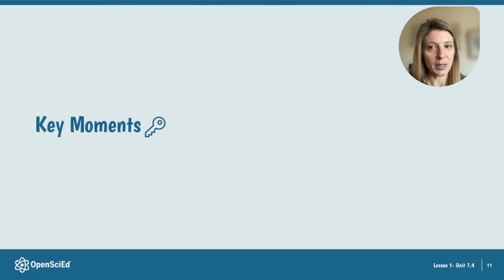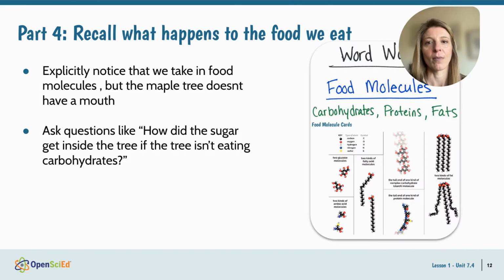Let's take a look at some key moments that will help us get through these 3 days together. In part 4, this is where we explicitly get the students to notice that we take in food molecules by eating, but plants don't have mouths like humans do. So as a teacher, we really want to lean into the weirdness of the maple tree specifically.